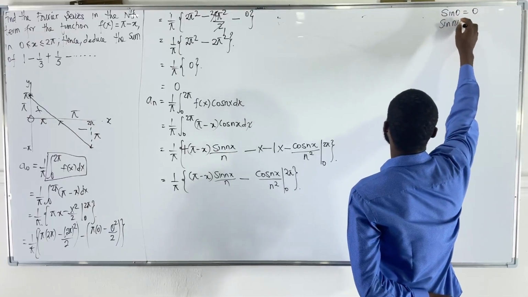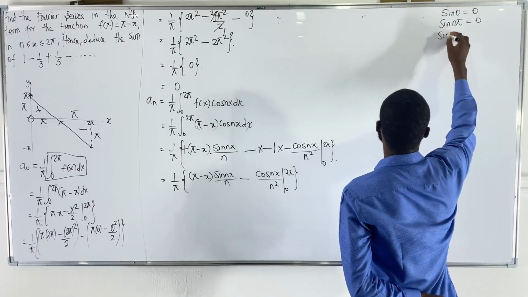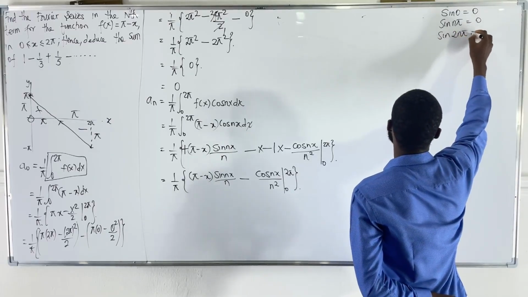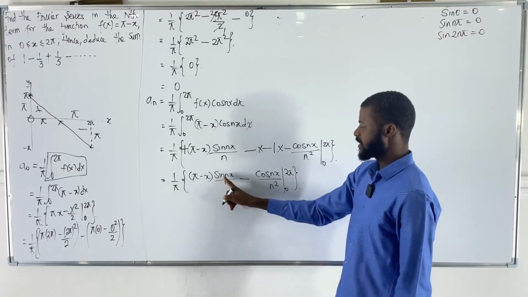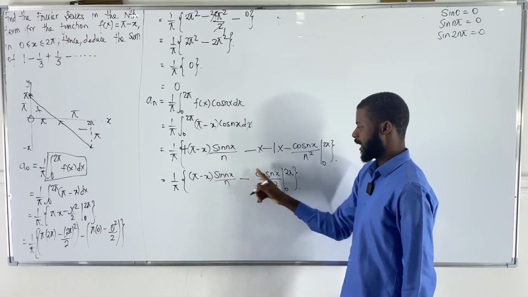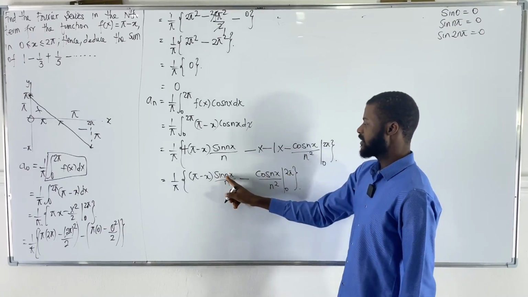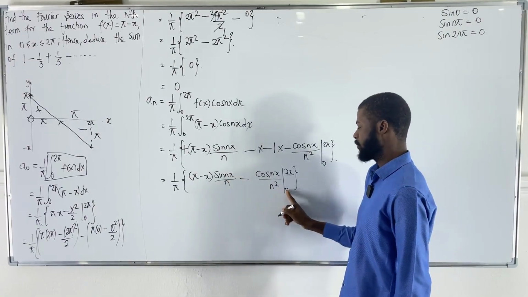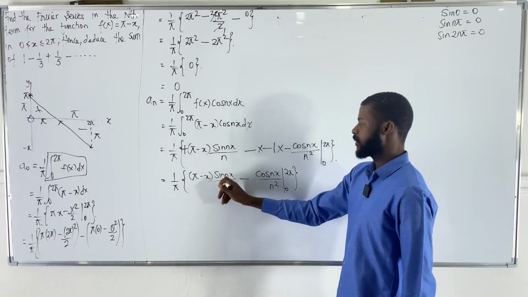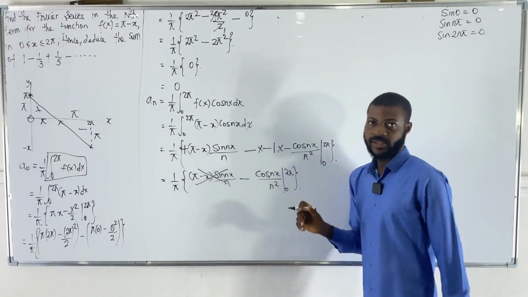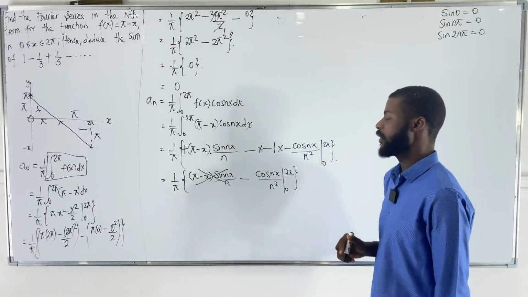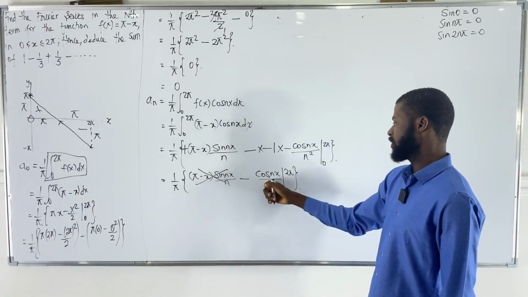Sine n pi is 0. Sine 2n pi is also 0. So if you put your 2 pi into this, you will be having sine 2n pi, which is 0. If you put 0 here, sine 0. So this guy is gone. It is no longer remaining. So this is what's left.